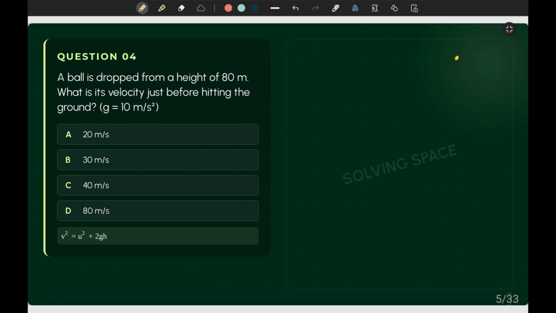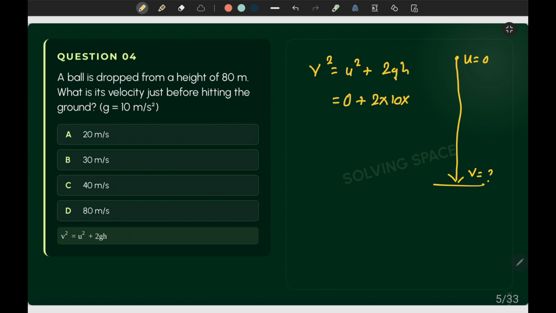When an object is dropped from a height to the ground, obviously the initial velocity is 0 and we need to calculate the final velocity. We know the formula v square is equal to u square plus 2gh, 0 plus 2 into 10 into height, which is given as 80.